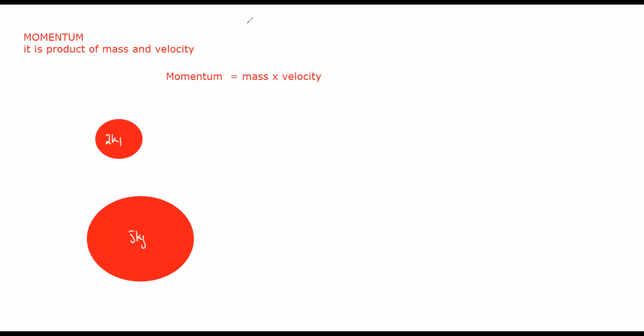And both collide with the wall, both hit the wall. Which object will have greater impact when it collides with the wall? A 2 kilogram or a 5 kilogram?